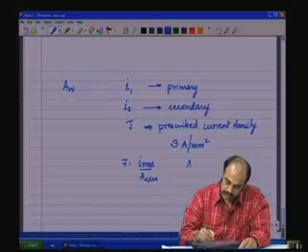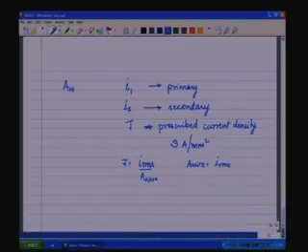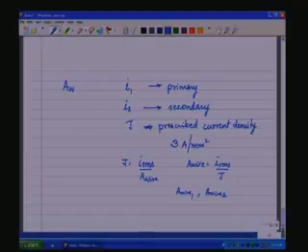So, the area of cross section of the wire is dependent on I RMS by J, the recommended current density. So, you will obtain the area of cross section of the wire for the primary and for the secondary, based on I1 by J and I2 by J.